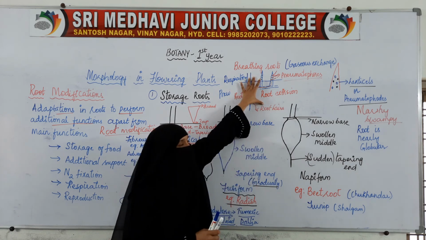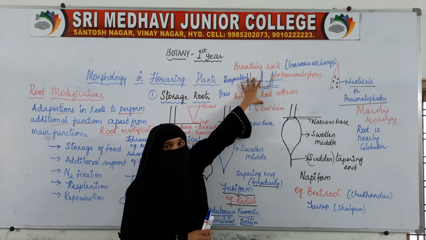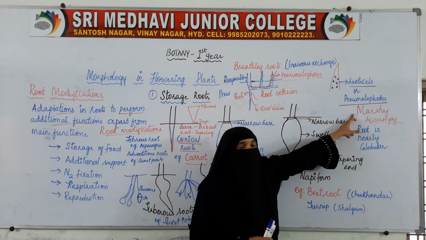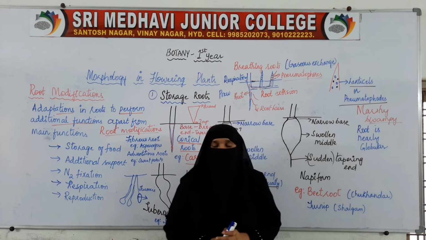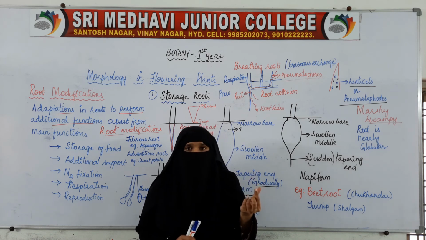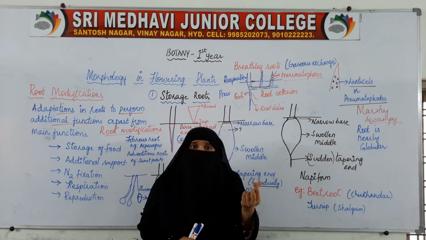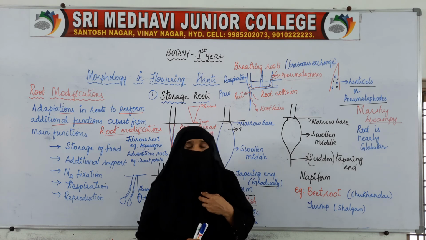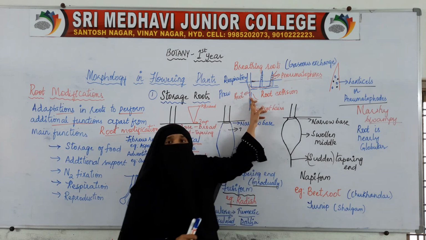This type of adaptation is seen only in plants which grow in marshy or swampy areas. In marshy or swampy areas, in between the soil particles, instead of air, water will be locked. So air cannot enter inside, and because of that the roots cannot breathe.